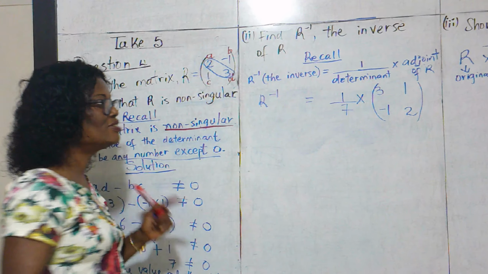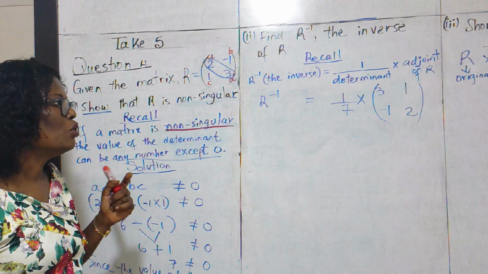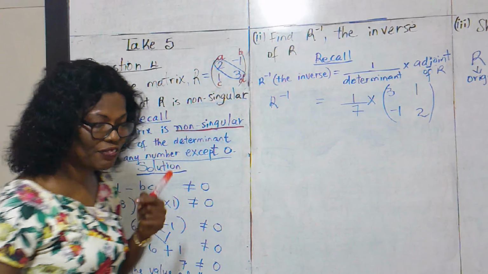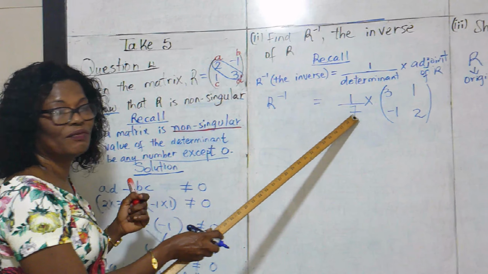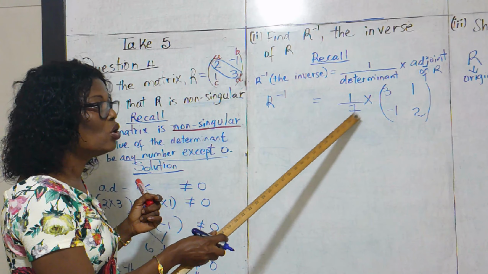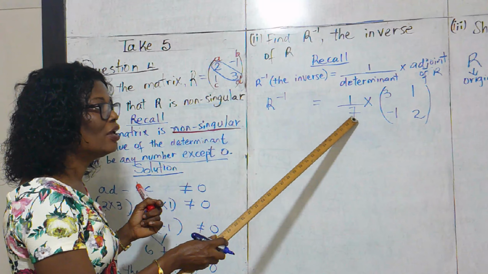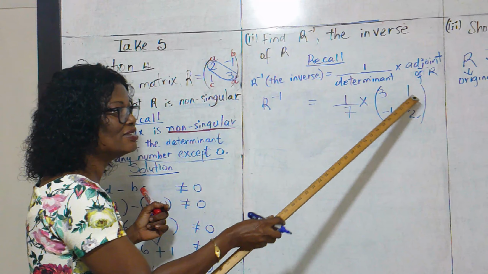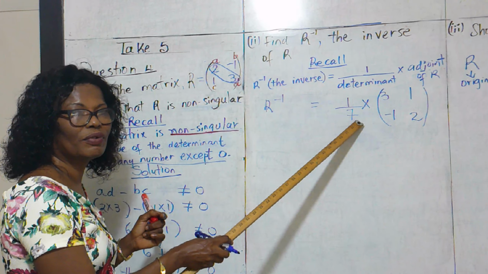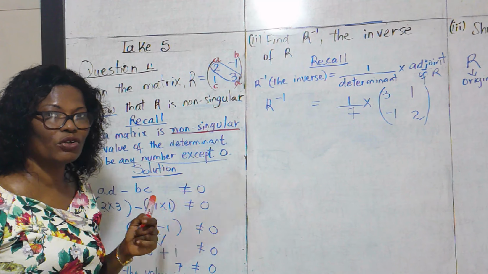But we can go a step further, because suppose you want to give your answer as a fraction, then this 1/7 is called a scalar number. And all that it's going to do is to multiply each of these elements in the brackets by 1/7. Kind of reminds me of the distributive law, doesn't it?